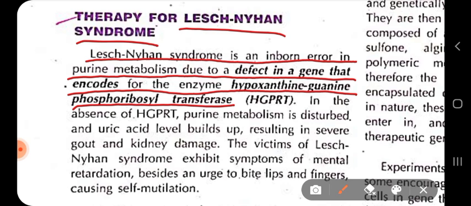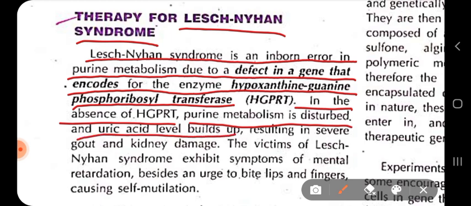The name of the gene is HGPRT, and that gene will encode the enzyme called hypoxanthine guanine phosphoribosyl transferase. If there is absence of this enzyme, then purine metabolism will be disturbed and uric acid level will build up, resulting in severe gout and kidney damage.